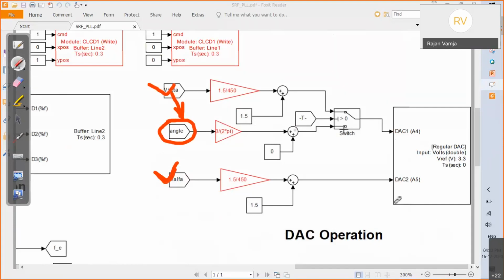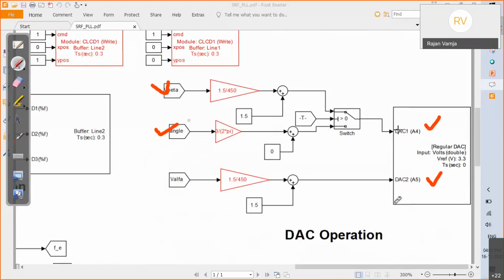So actually, to observe multiple signals simultaneously, we can switch the V beta; we have switched to angle.